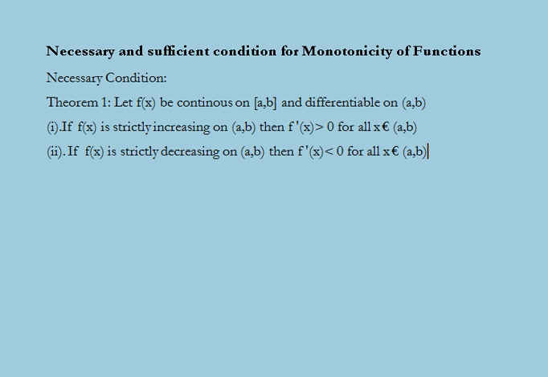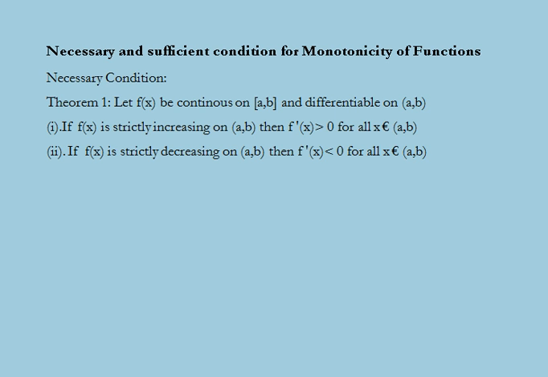Next, we are going to discuss the necessary and sufficient conditions for monotonicity of functions. In this section, we intend to see how we can use the derivative of a function to determine where it is increasing and where it is decreasing. For this, we have the first theorem: let f(x) be a continuous function on interval [a, b] and differentiable on open interval (a, b).